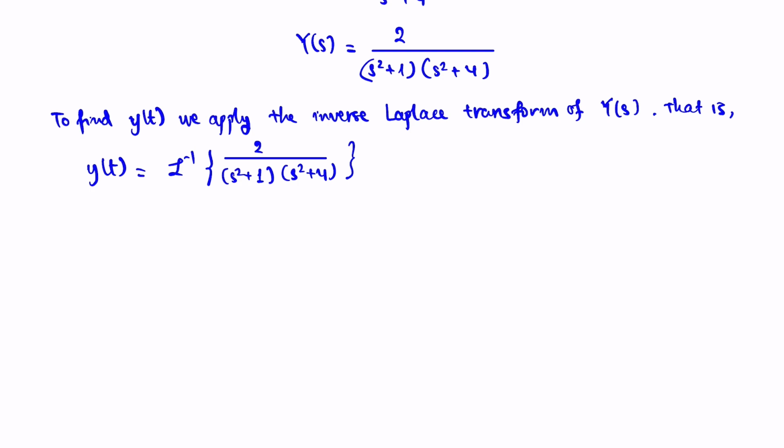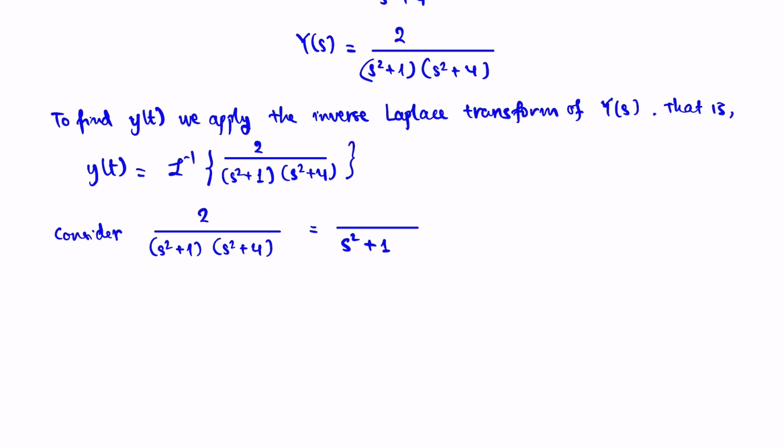Okay. So again, as I mentioned, we're going to apply the partial fraction decompositions to separate this fraction into two different fractions. So consider 2 over s squared plus 1 times s squared plus 4. Because you have quadratic factors in the denominator, when you write the partial fraction decompositions, this is what you get. In the denominator, you have the factor s squared plus 1.